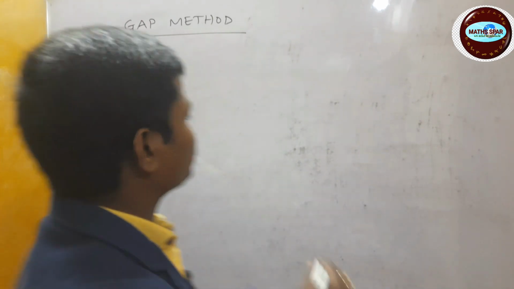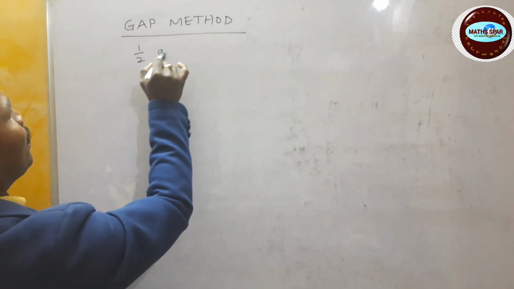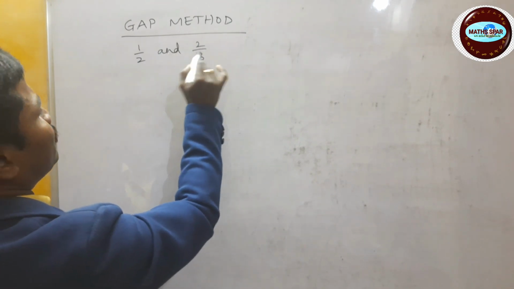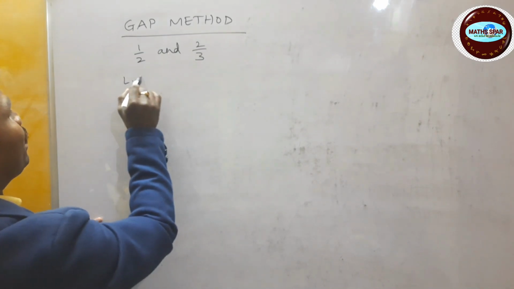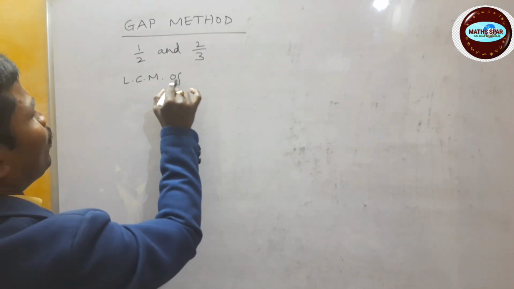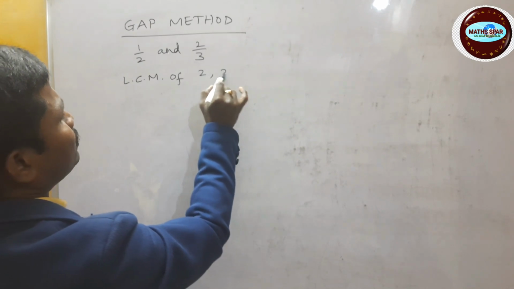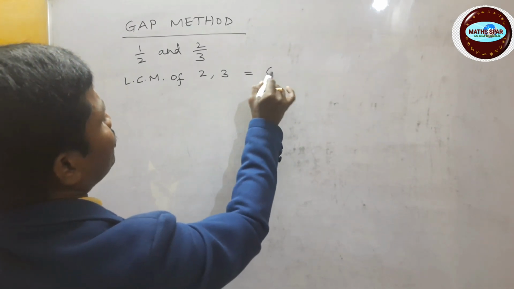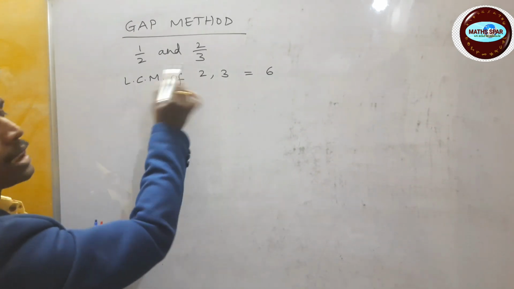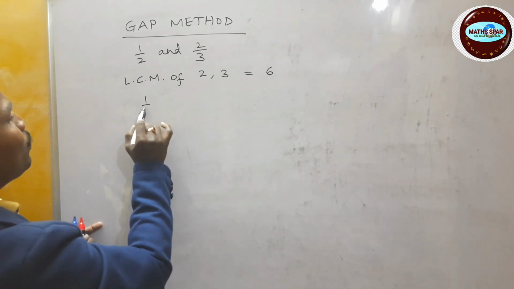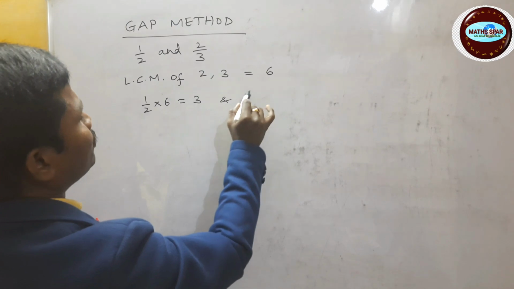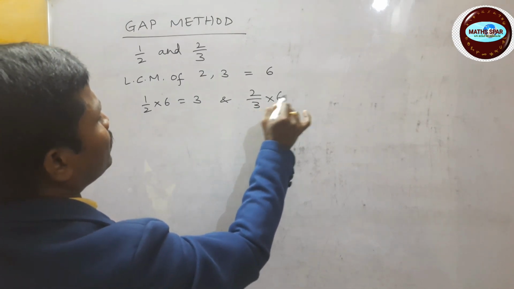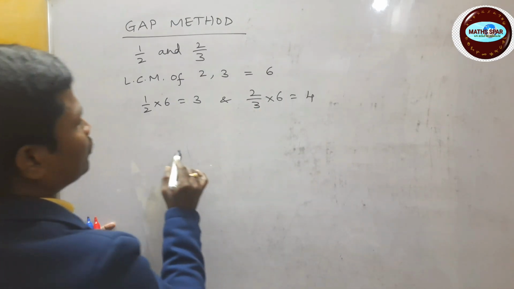Let us see. 1 by 2 and 2 by 3 are two given rational numbers. We will find the LCM of both the denominators, that is 6, to find which one is bigger. So half multiplied by 6 is 3 and 2 by 3 multiplied by 6 is 4.